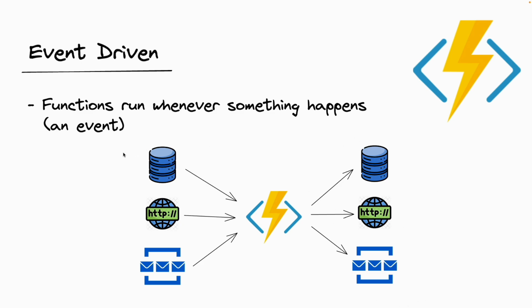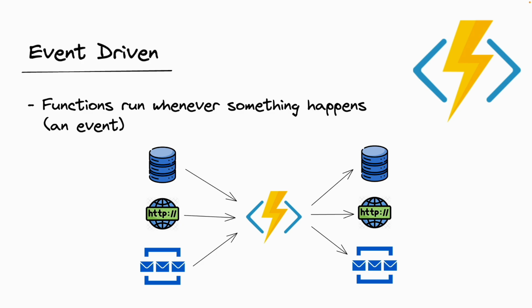So this could be, for example, a database being updated, an incoming request, or a new message arriving in a queue. And you can mix and match these, so you can receive a new message in a queue and write something to a database. You can receive a request and put a message in a queue. You can also have as many inputs and as many outputs as you want.